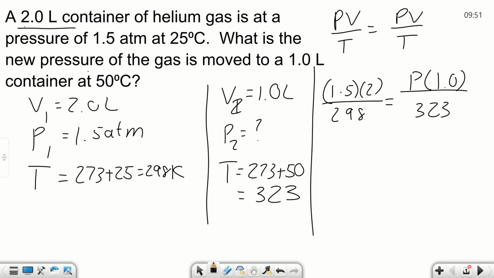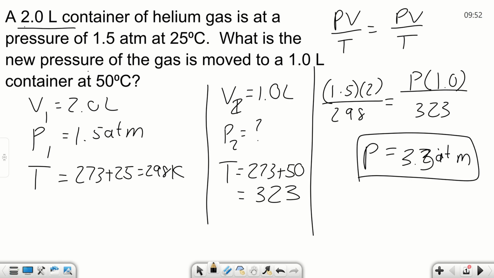You can do either cross multiplication or however you want to do your algebra. If it's done right, 323 times 1.5 times 2, I'm basically cross multiplying, divided by 298 times 1, and I'm getting a pressure of 3.2 atm. Maybe 3.3 if I round it right. 3.3 atm.